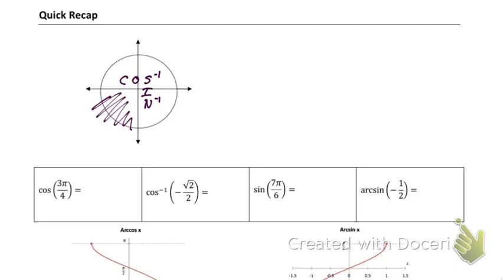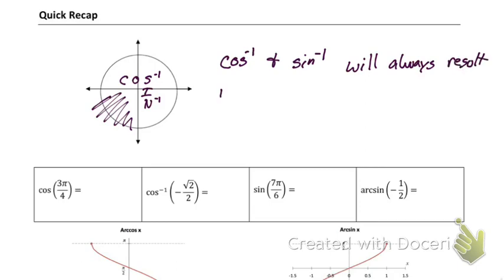All right, I'm also going to put a little note in there. Cosine inverse and sine inverse will always result in an angle. So that means if you're in radians, you'll get pi over something, or in degrees, it'll always be something in degrees.